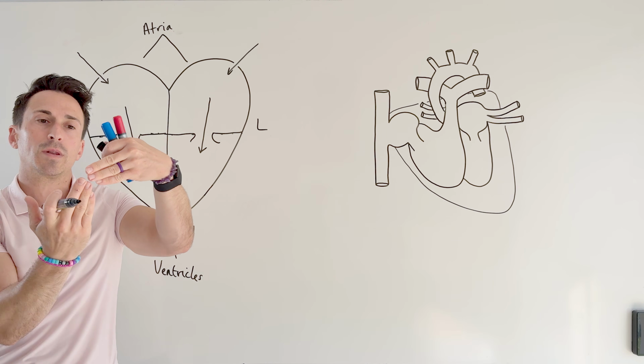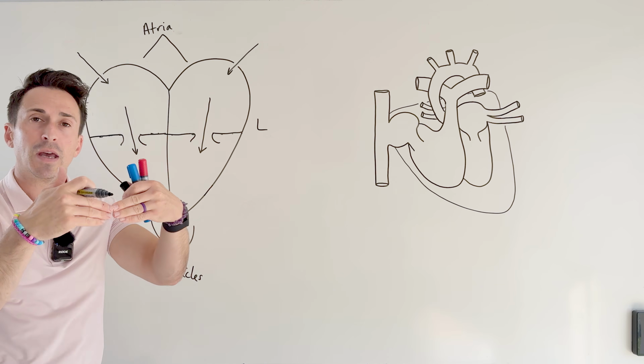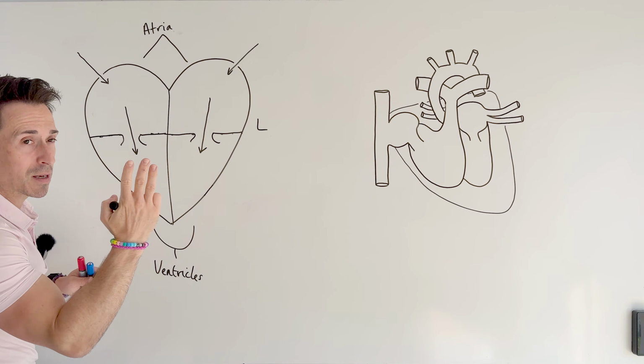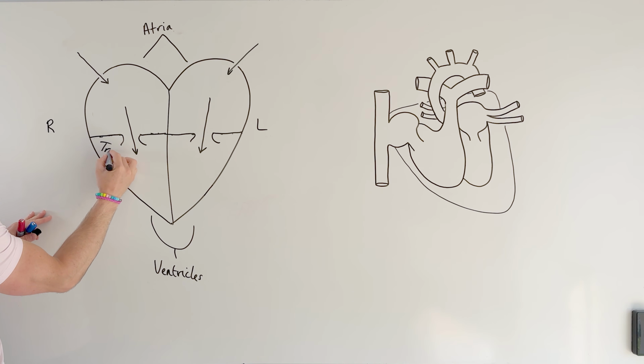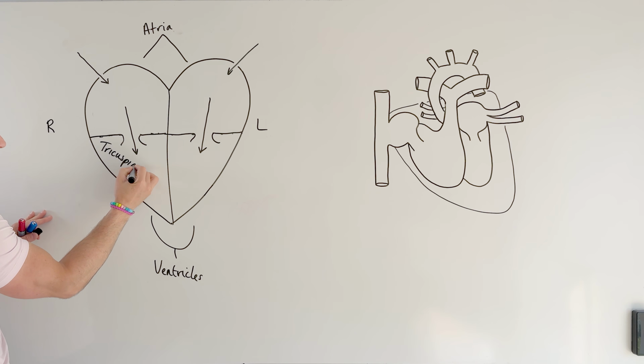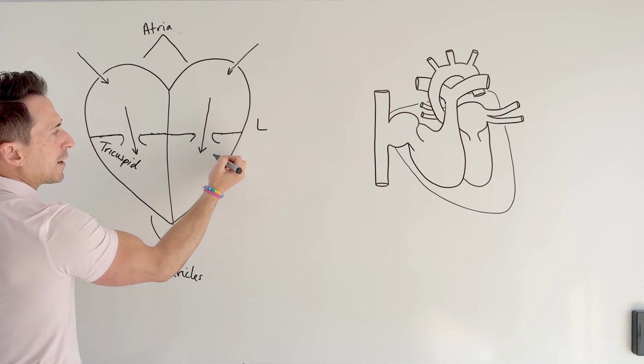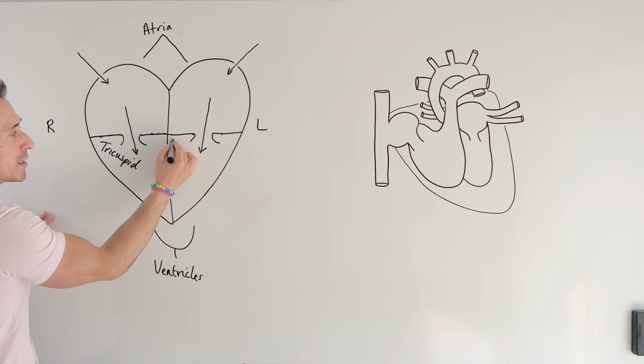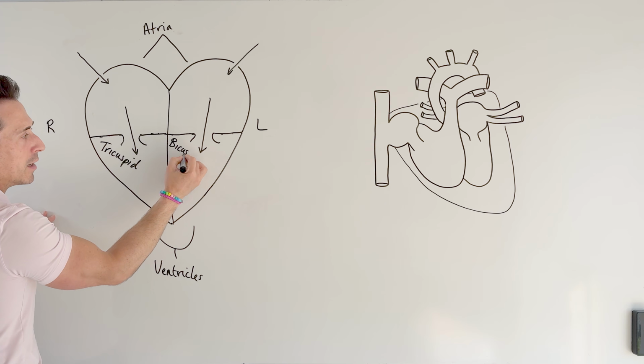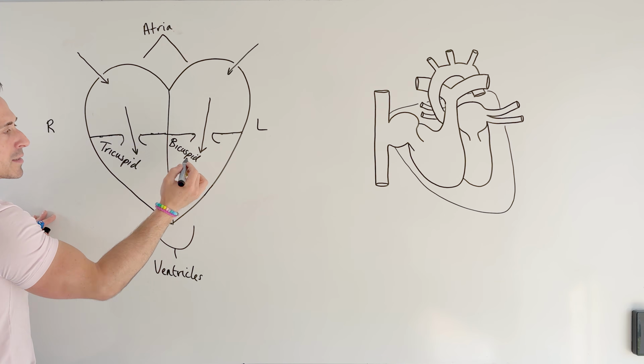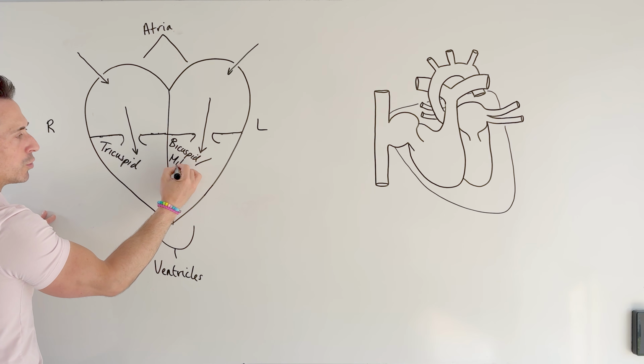So it could be 1, 2, and then a third one down the bottom here. On the right-hand side, it's got 3 cusps. So this is called the tricuspid valve. The one on the left-hand side only has 2 cusps, and that's called the bicuspid valve. Sometimes it's referred to as the mitral valve.